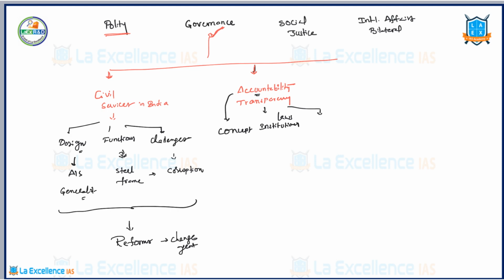For example, to ensure transparency, we have the Right to Information Act, RTI. Laws, institutions, and then what are the various new mechanisms being developed to enhance transparency? And what are the changing phenomena? Citizen charters, you might have observed. Citizen charters are meant to ensure greater accountability.